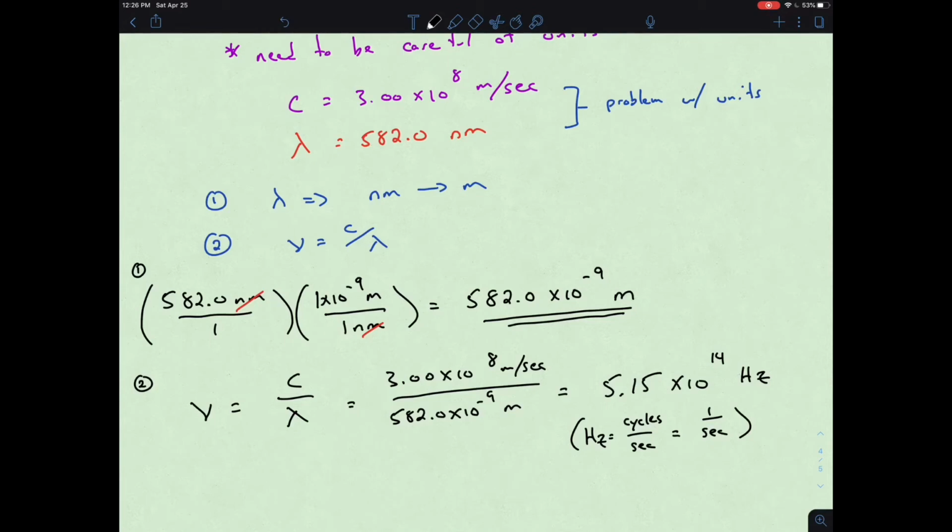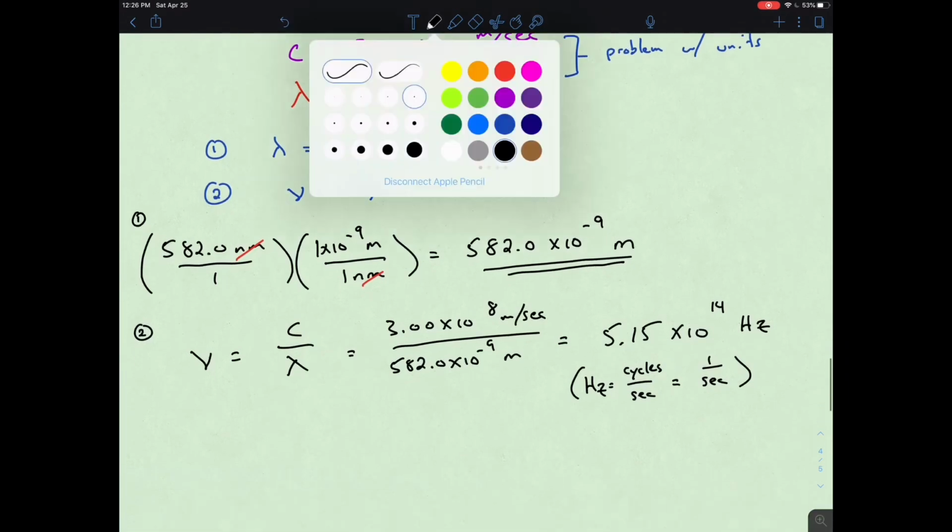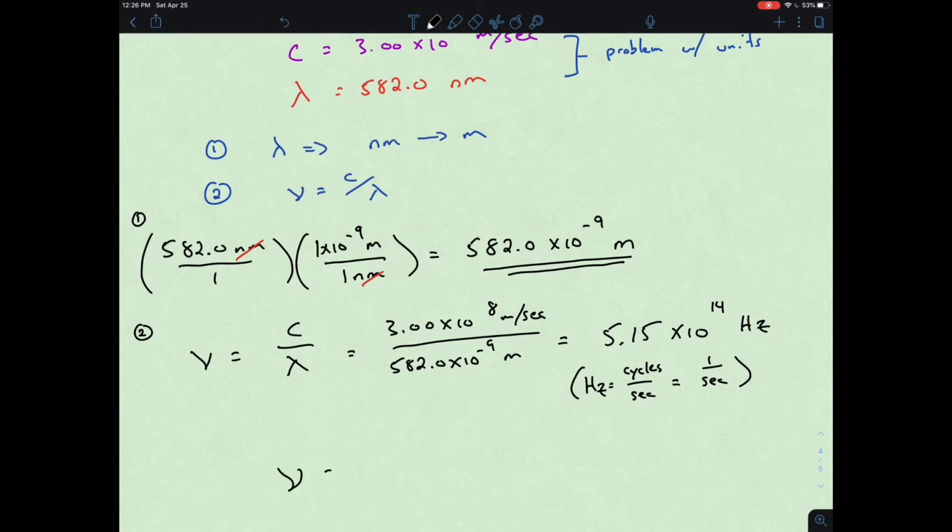So that's part A, right, is looking at, okay, what is our value of our frequency with this orangish glow.